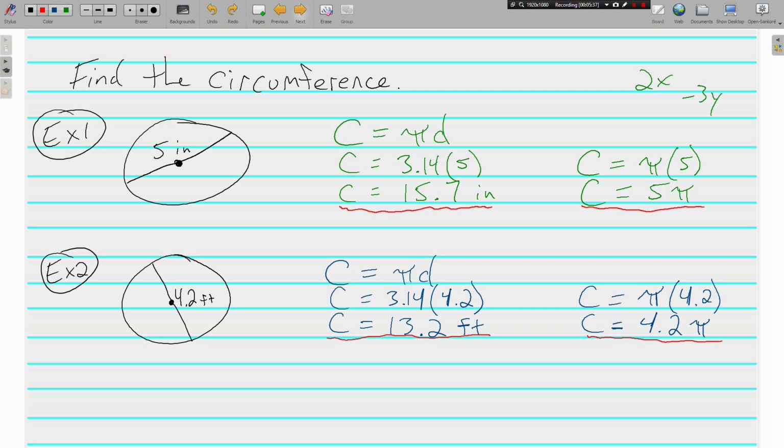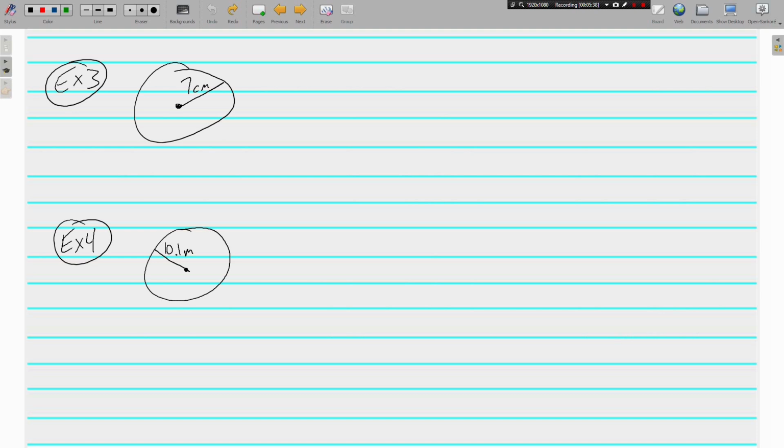Okay, a couple more examples. Same formula, C is equal to pi times diameter. C is equal to 3.14 times, not 7. Here's a very common mistake, not paying attention to the part of the circle that you're given.